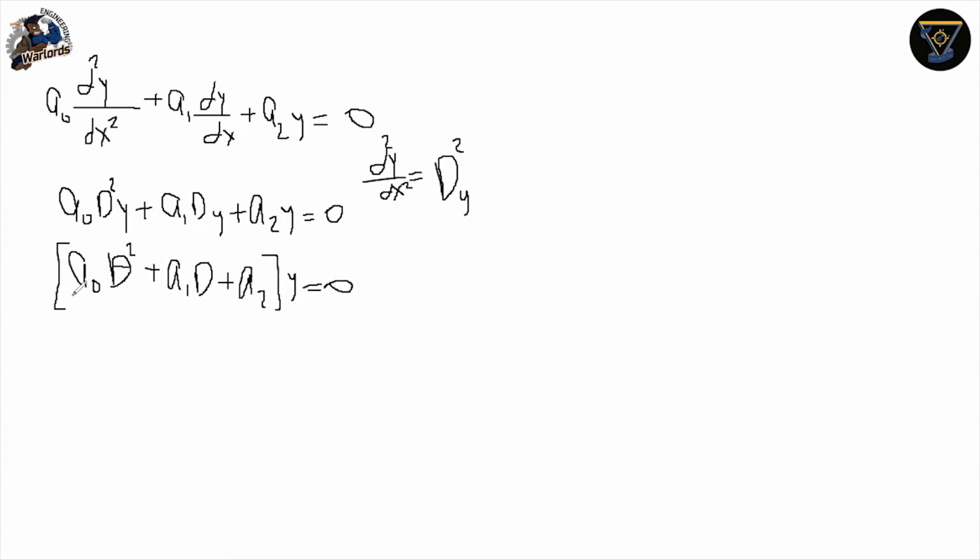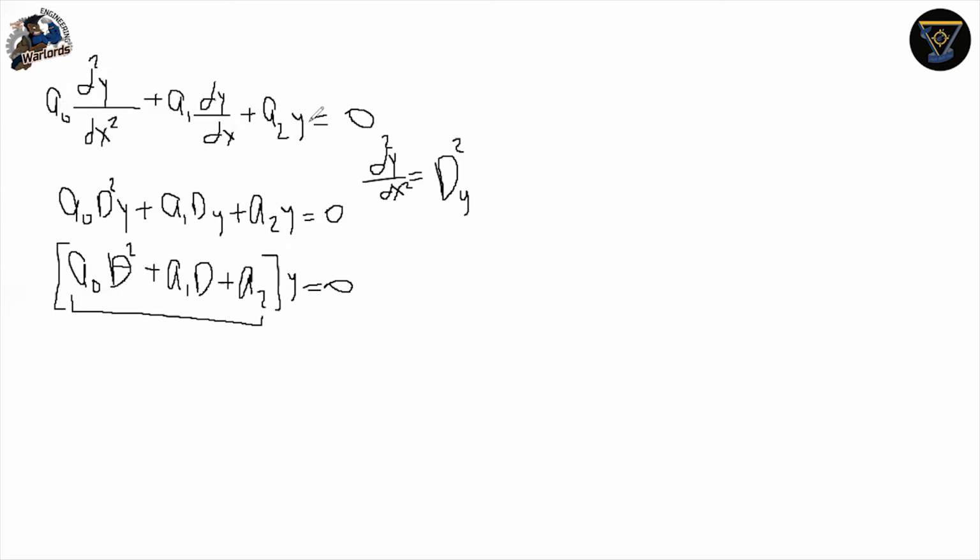Next thing you should do is make whatever is inside the bracket equal to 0. It doesn't matter if this is e to the x or cos y or whatever, all of this should equal 0, right? So you equate this to 0, and then you change the d's to m. And then there are 3 solutions you can get, right?